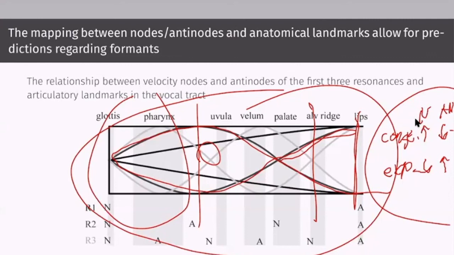It's just nearer to the node than the antinode, or to the antinode than the node. Yeah, the alveolar ridge. It's probably at the alveolar ridge. So you can reason from this kind of diagram to things like vowel and consonant, place of articulation.